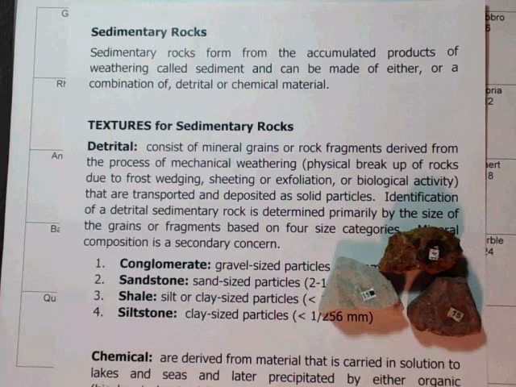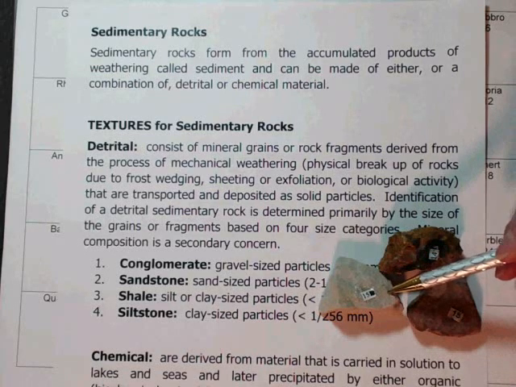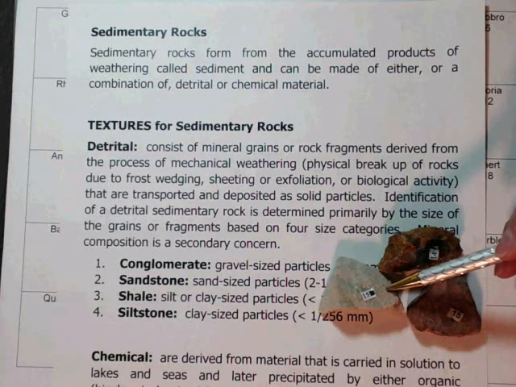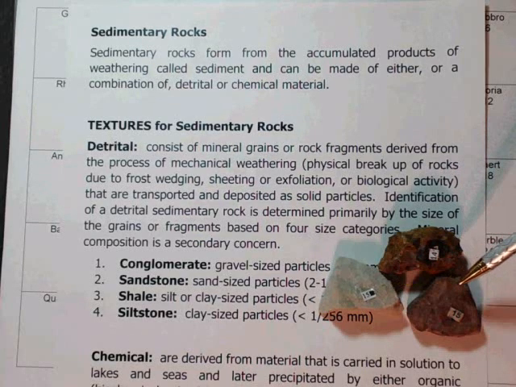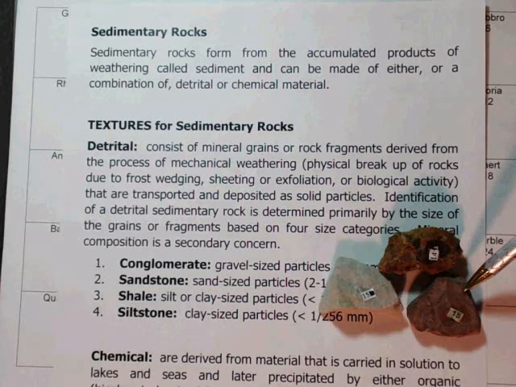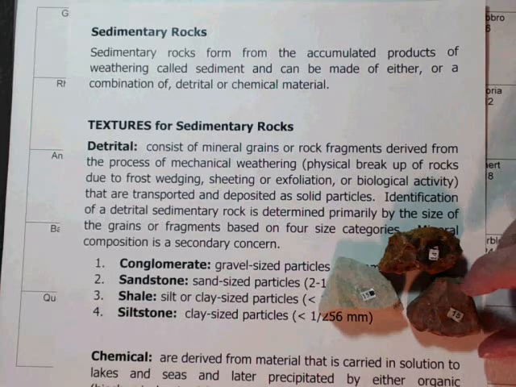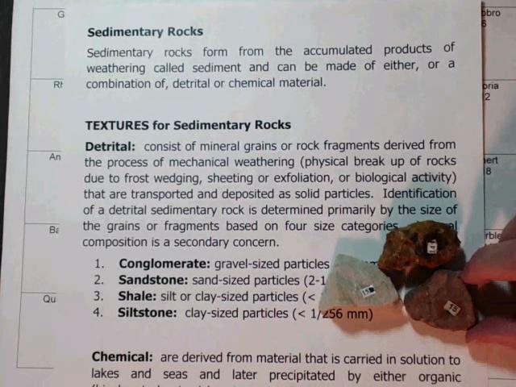So with the gray colored sandstone, the cement is more of a silica or silicon dioxide cement, and with the red you're getting more of an iron oxide cement, so sort of that rusty red color is what's gluing all those little sand-sized particles together to create the rock sandstone.